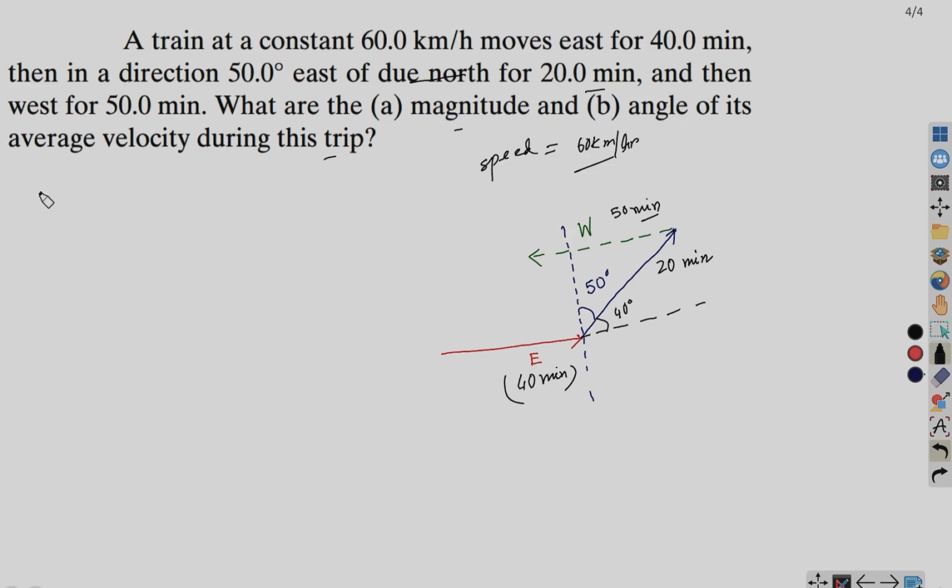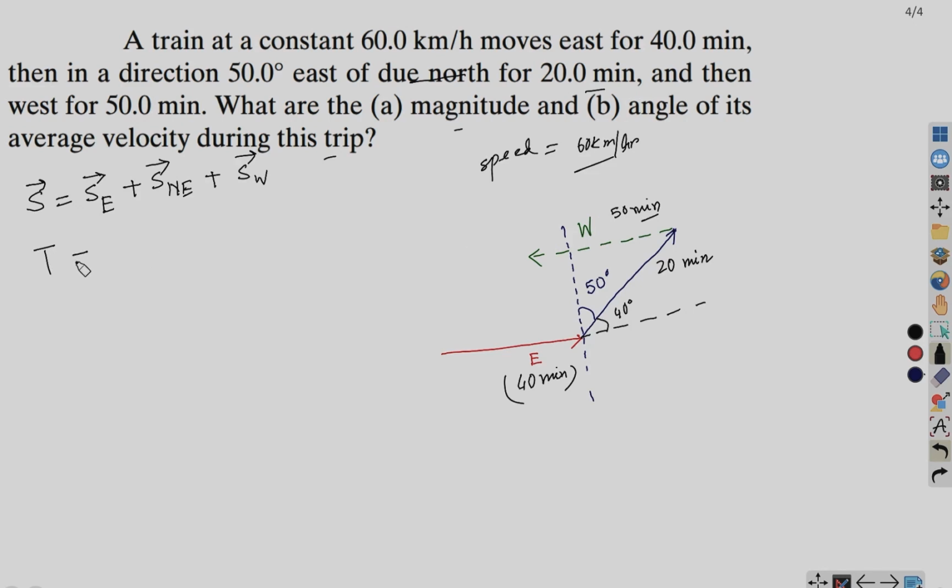So let's say that total displacement is S, and let's say SE is the displacement along east, SNE is its displacement along northeast direction, and SW is its displacement along west direction.